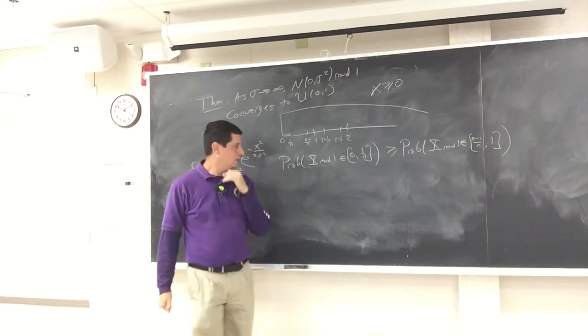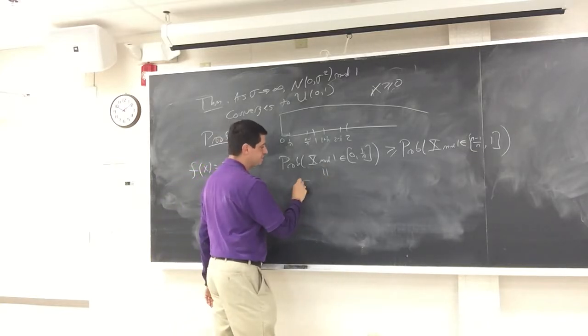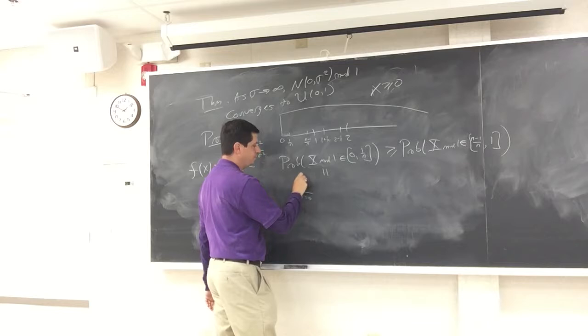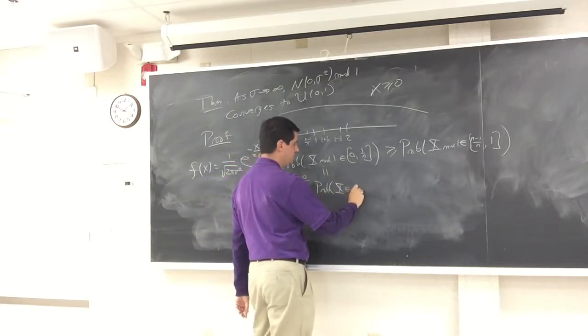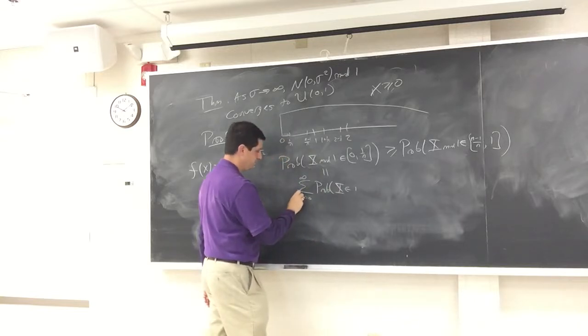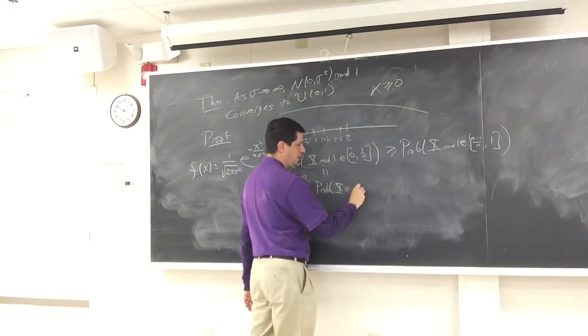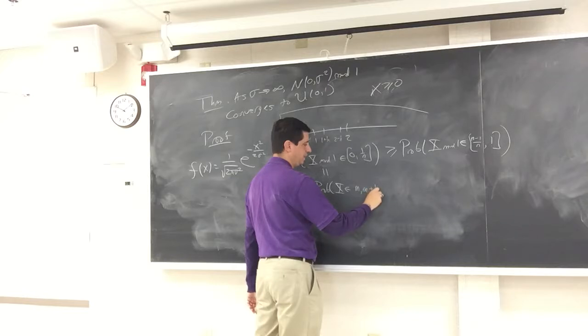Okay? If you want to write it explicitly, this is the sum, m goes from 0 to infinity, of the probability x is in, oh, I shouldn't use n, I'll use m, m to m plus 1 over n.